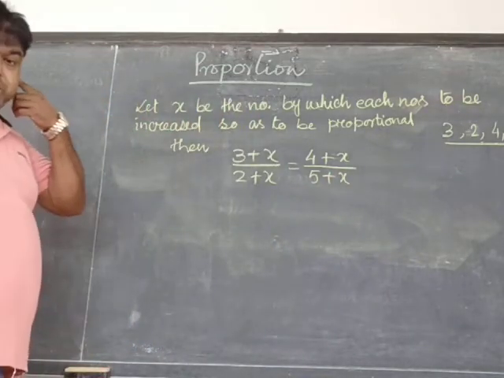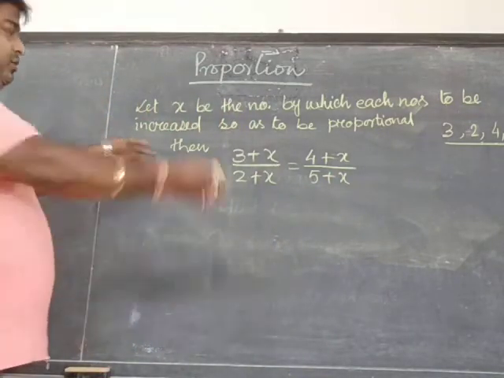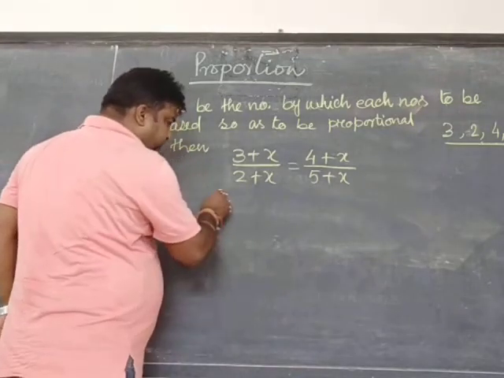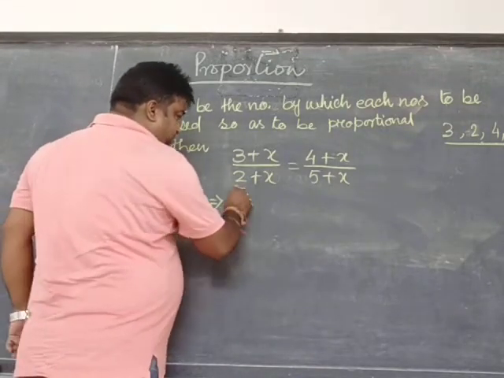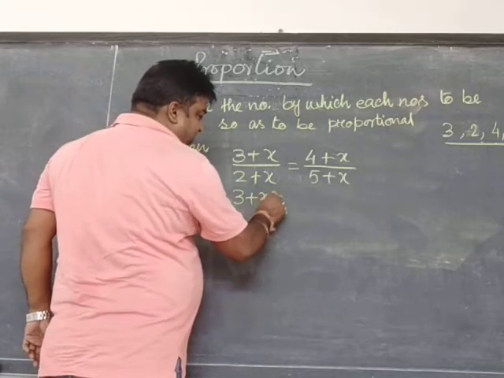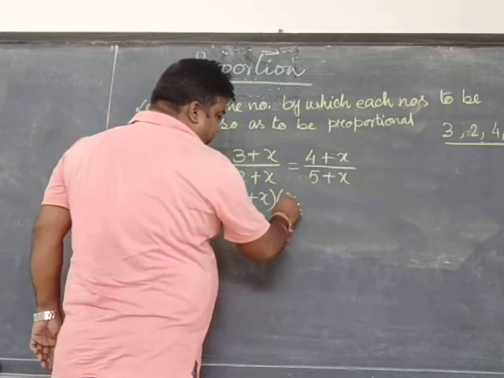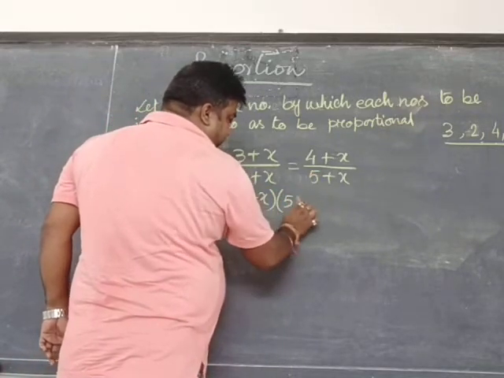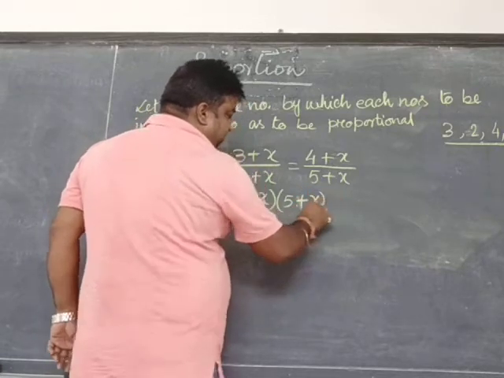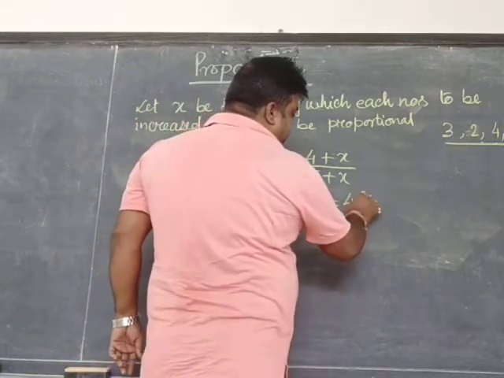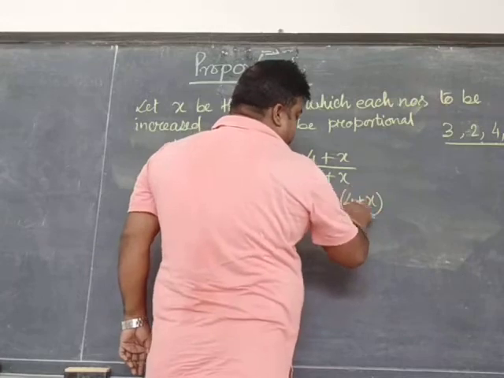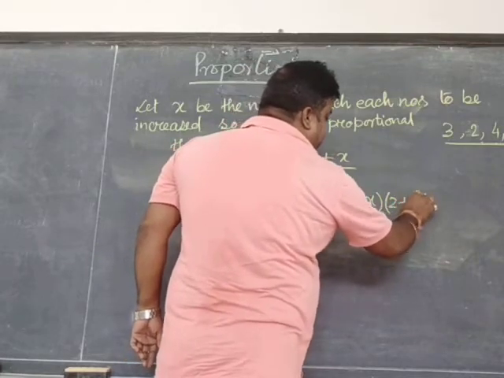Okay, got it? Now we need to cross multiply. So that will be 2 plus x into 5 plus x equal to 3 plus x into 4 plus x.